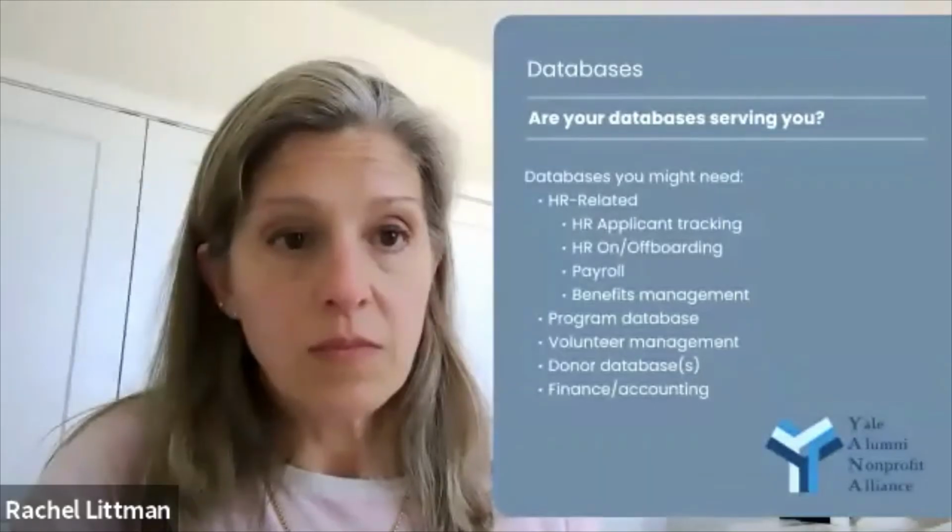I touched on some of these different databases that you might need. HR systems can include applicant tracking, which is something we had to switch to an actual applicant tracking system once we hit 50 people, because that's when we had to start reporting on EEO and affirmative action.